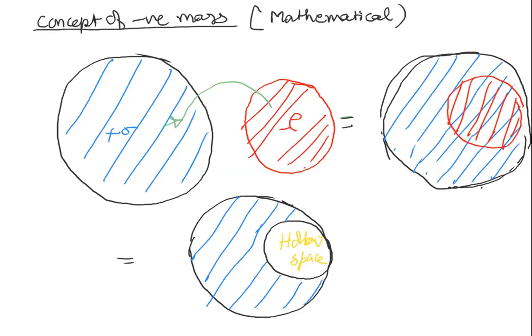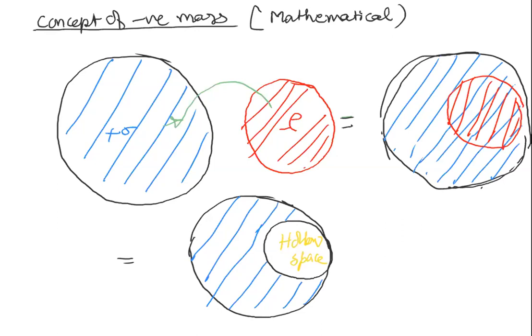लेकिन यहाँ पे what I'm saying is that I take the blue disc and I take the red disc and I put the red disc inside the blue disc so that they are actually occupying the same space, right? And if positive density and negative density are occupying the same space, that means that the net density in that space must be zero.